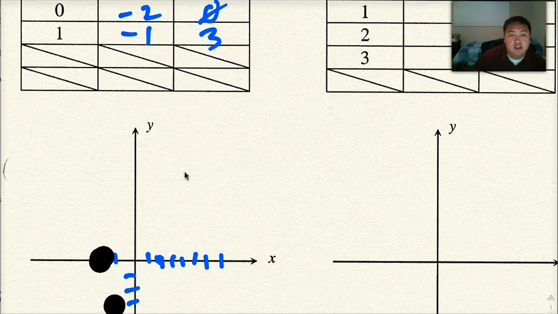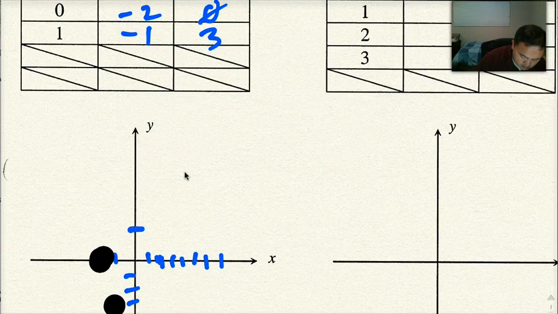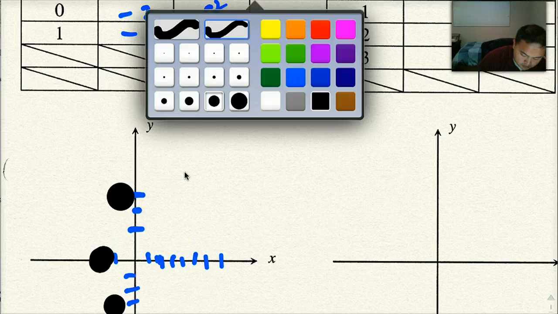There you go. And then the last one is negative 1, 3. And here's my parametric equation. I'm going to put it in red. You're going to notice that it looks a little bit different.